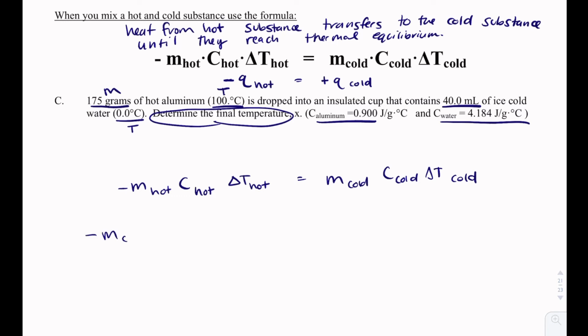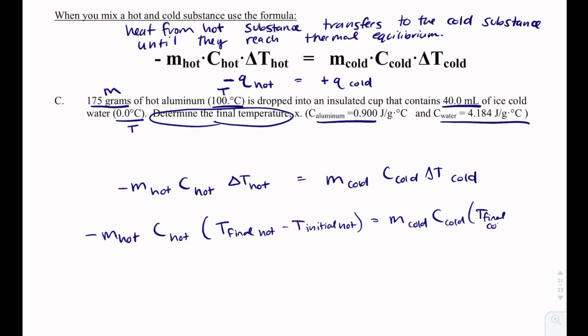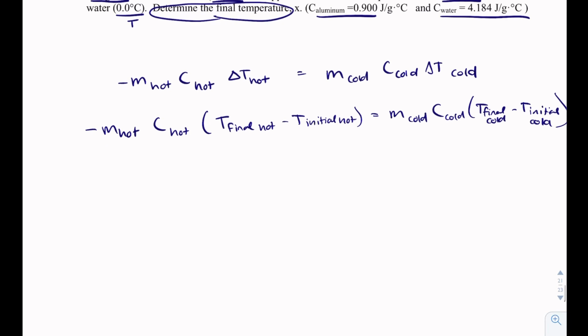This also is minus M hot, C hot, T final of my hot substance minus T initial of my hot substance, and that equals the mass of my cold substance, specific heat of my cold substance, and then T final of my cold substance minus T initial of my cold substance. And I'm very aware that this looks way complicated, but we just want to plug in what we know.